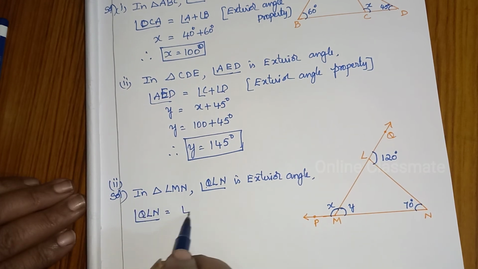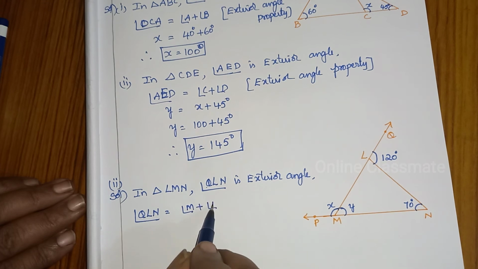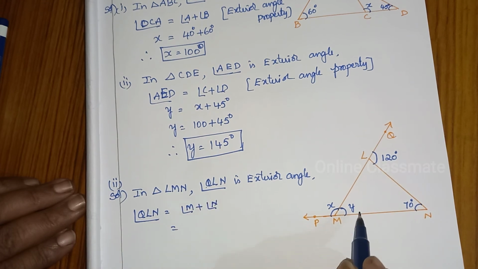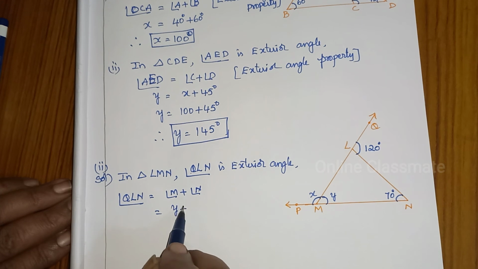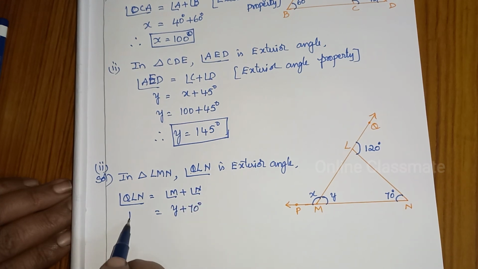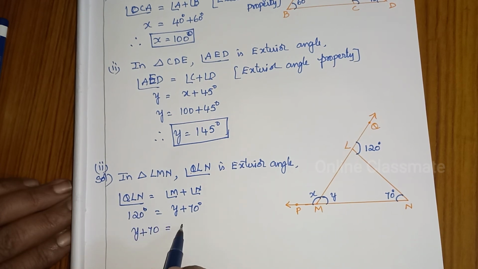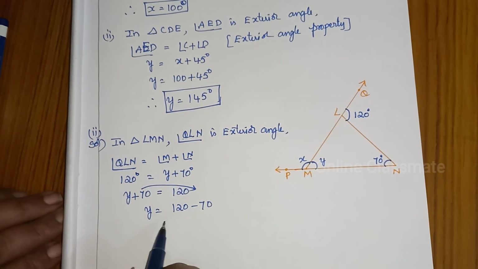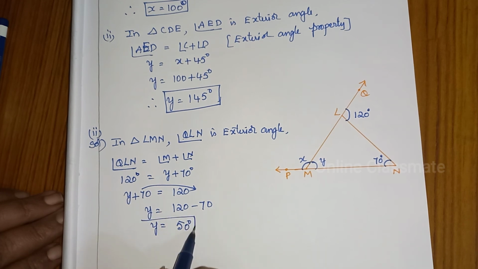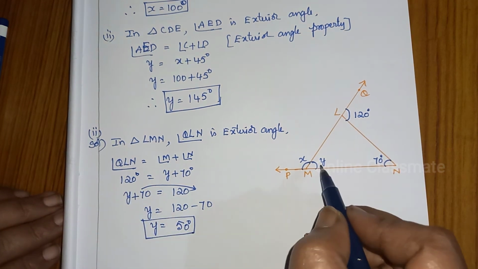QLN is equal to angle M plus angle N. What is the M value? y. y plus 70 degrees is equal to 120 degrees. Now interchange the LHS and RHS. Now 70 transposed from LHS to RHS. y is equal to 120 minus 70, that is equal to 50 degrees. y is equal to 50.